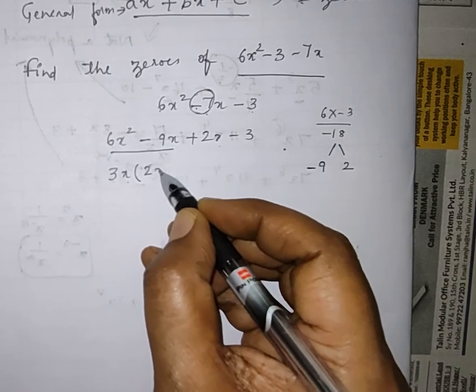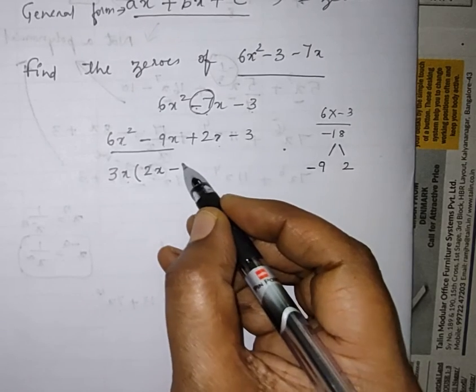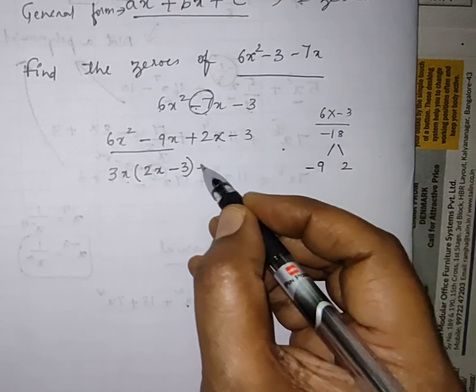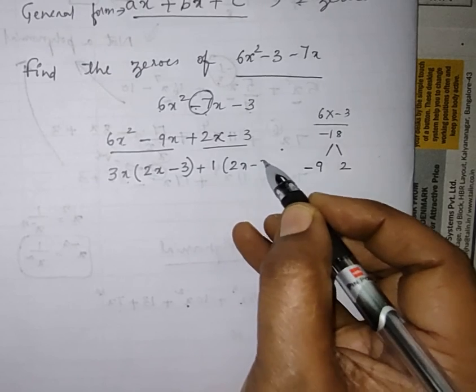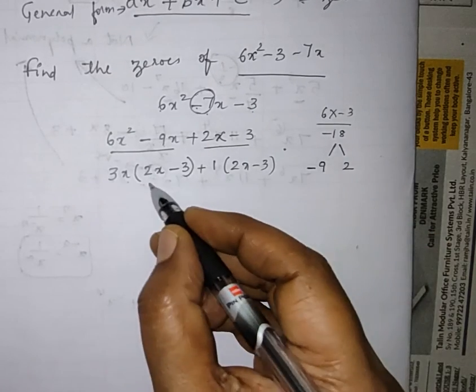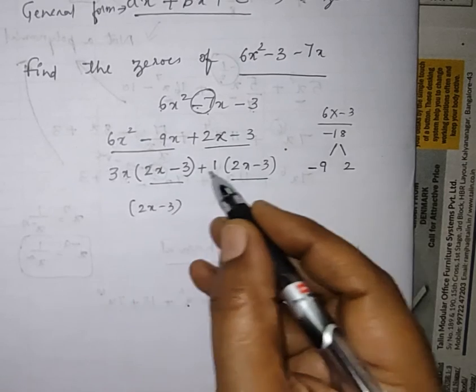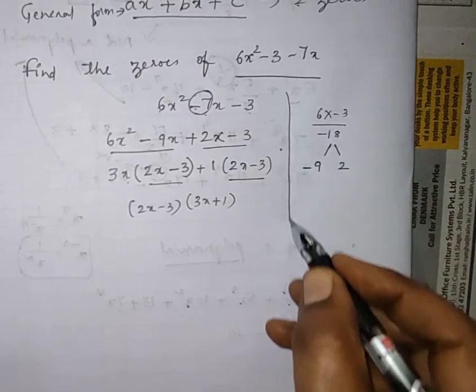The remaining term is 2x minus 3, since 3 twos are 6 and 3 threes are 9. From the last two terms, 1 can be taken common. Now take the common binomial, then write the remaining terms inside a bracket. This is our usual factorization.